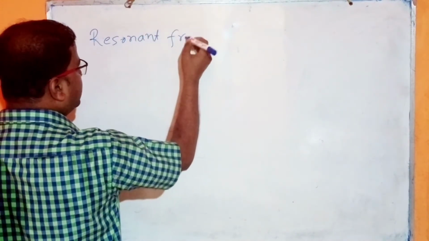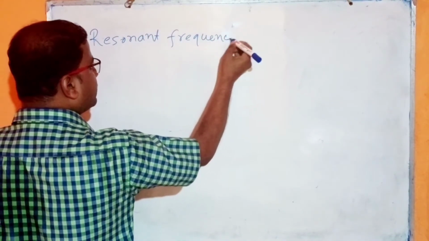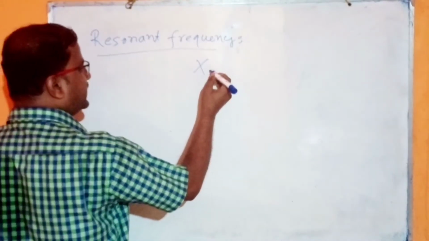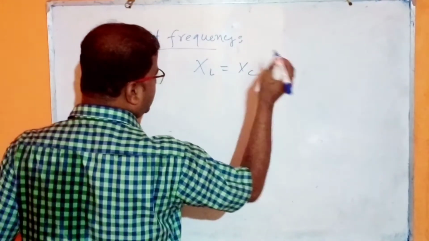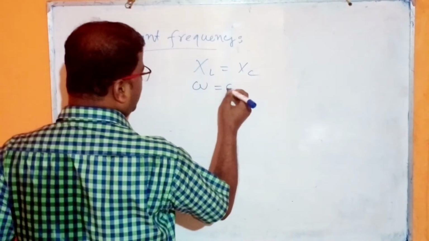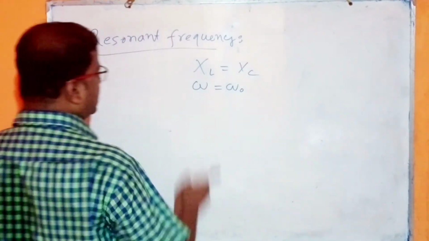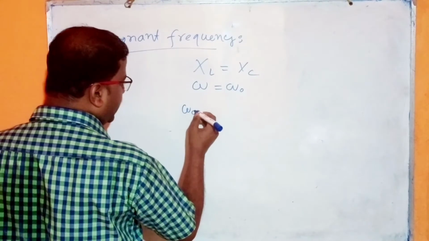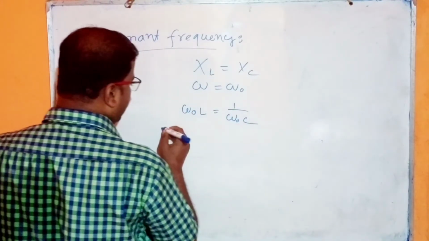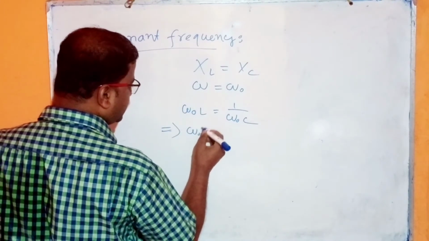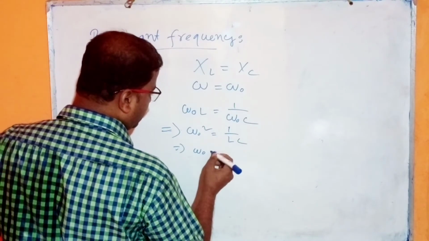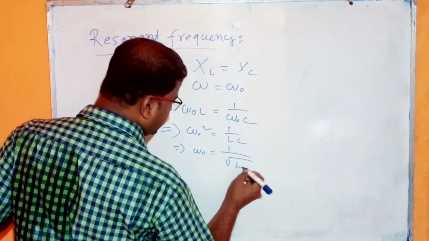At resonance, we see that XL equals XC. If resonance occurs at the frequency omega equal to omega naught, then XL equals omega naught L equals 1 by omega naught C, and this gives omega naught square equals 1 by LC, or omega naught equals 1 by the square root of LC.